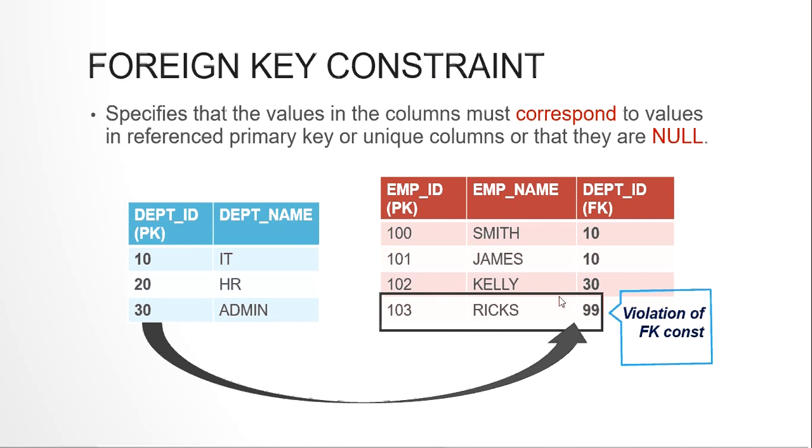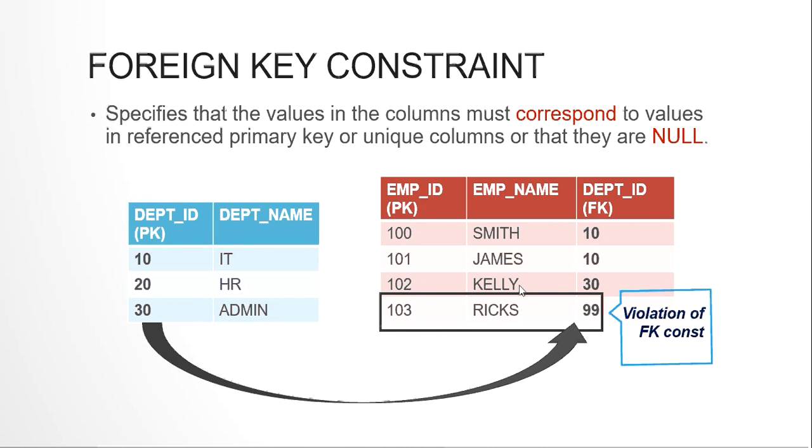So if you want to implement this condition, this constraint, that in the department ID column the values entered should be legitimate, like they should be of a particular department, you can achieve this through a foreign key constraint.